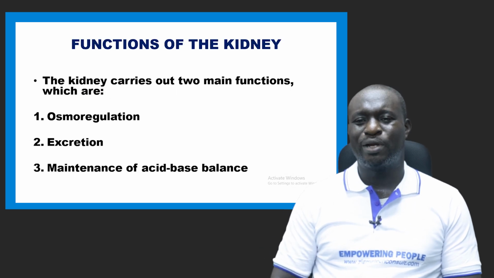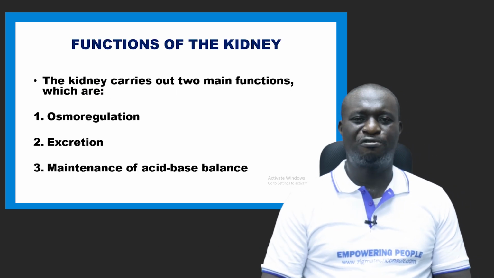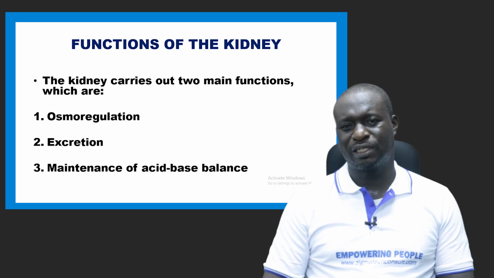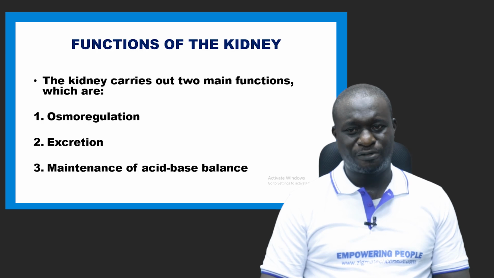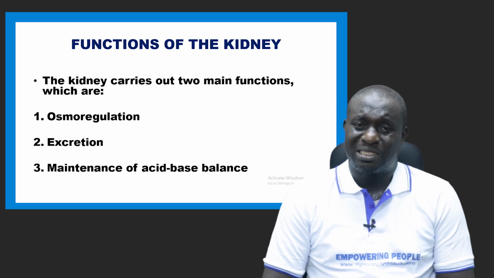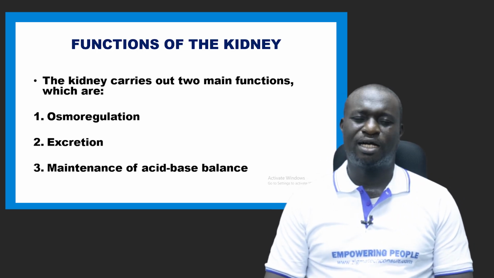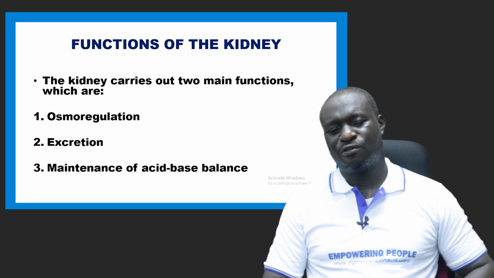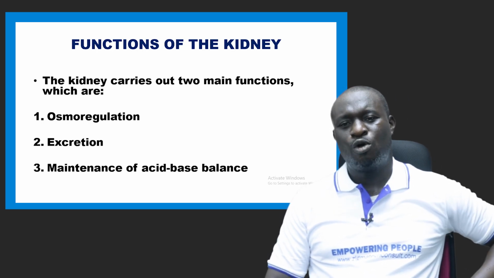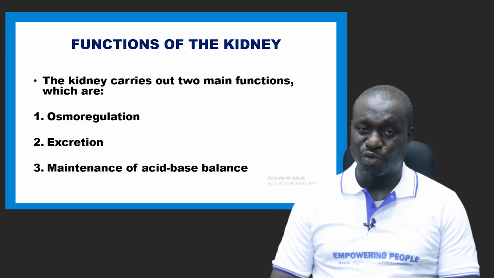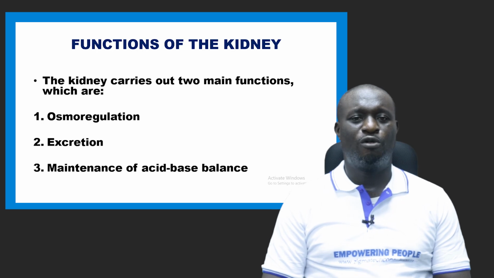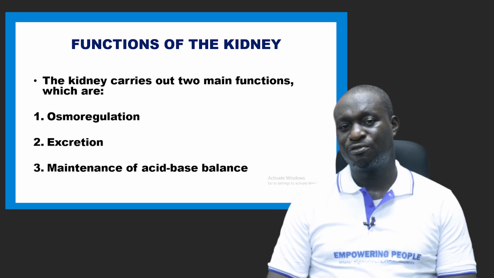Now, moving ahead, we have the functions of the kidney. The kidney carries out three main functions. In fact, I will personally say that the kidney carries out two main functions, because the first one has to do with osmoregulation. The second is excretion, which has to do with the removal of waste products of metabolism from the body.